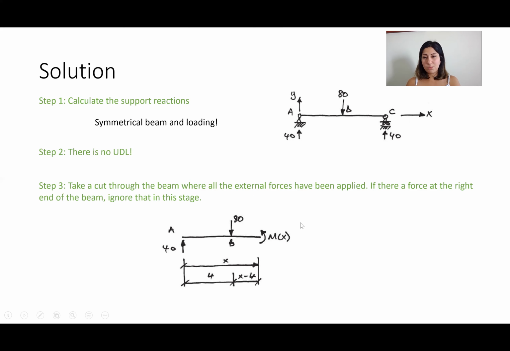It means I'm not worried about that because I'm taking moment about point J, which is here. The vertical and horizontal forces at point J will pass through that joint and they don't create any moment.